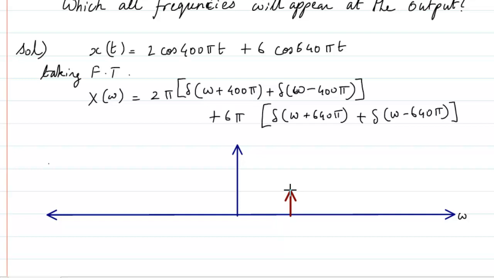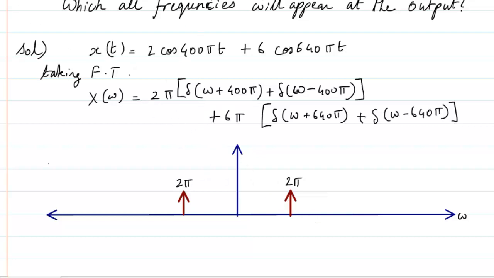Okay, this is at 400 pi. Similarly, at minus 400 pi I will have another one, and both of these are going to have a height of 2 pi as it is written here. So it is 2 pi, 2 pi.